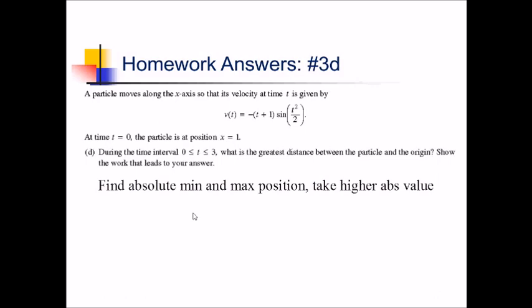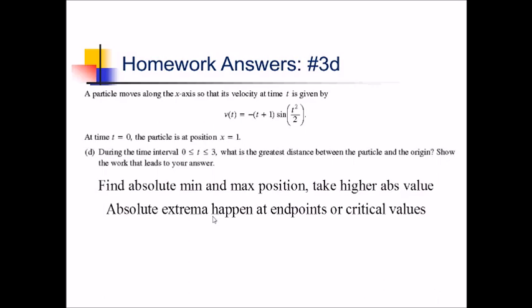All right, well, if I'm looking for absolute min and max on a closed interval, then I'm looking at endpoints and critical values. Well, the good news is we already found all the critical values. There's just one at 2.507. That was from part B. So let's just go through now and figure out the x values for 0, 3, and this middle value here.